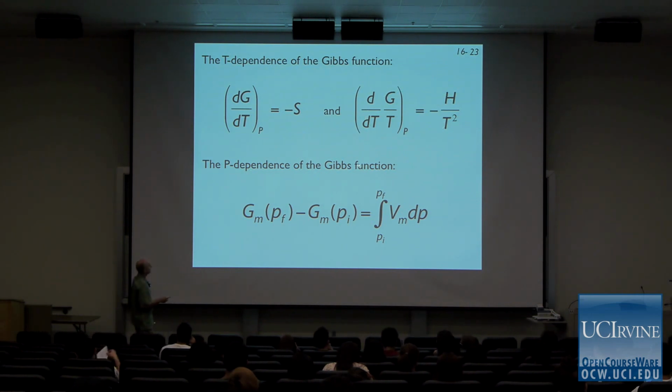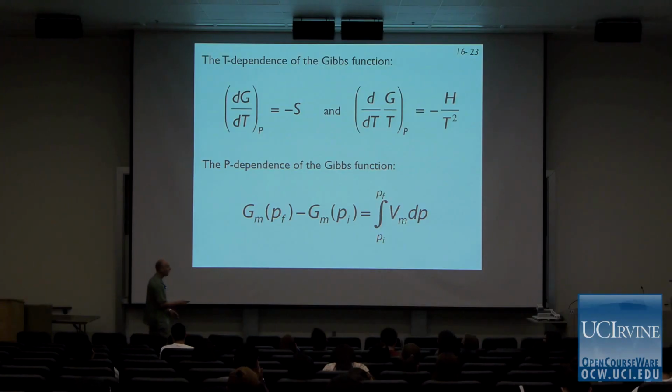The pressure dependence of the Gibbs function is always given by this integral right here, and we just evaluate the integral differently if we're talking about liquids and solids. Now, we might know in detail what the volume dependence of a liquid or a solid is.